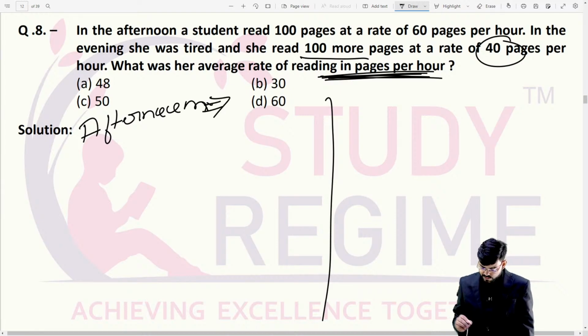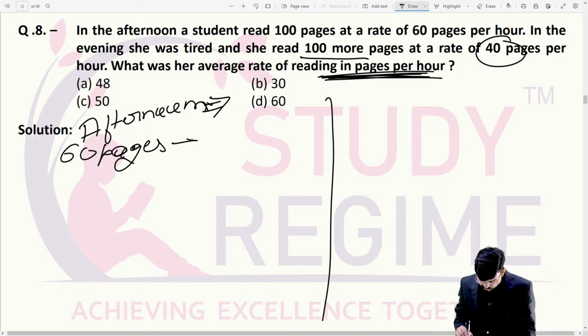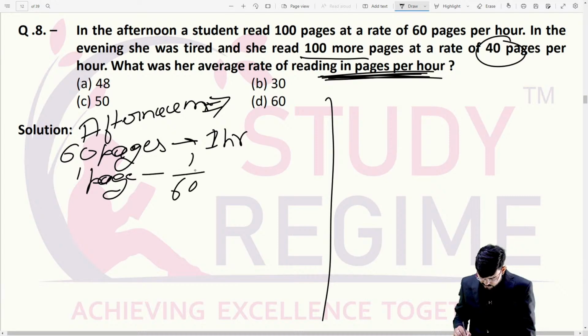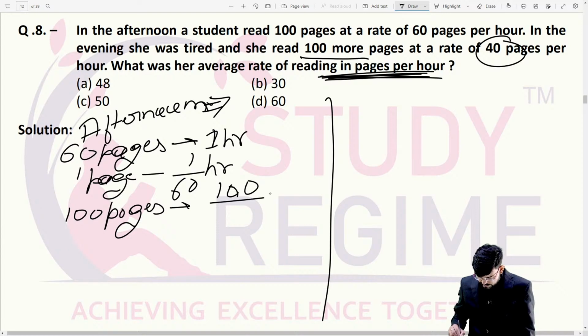She is reading 100 pages at a rate of 60 pages per hour. So, I can write like this: 60 pages can be read in 1 hour. 1 page can be read in 1 by 60 hour. 100 pages can be read in 100 by 60.